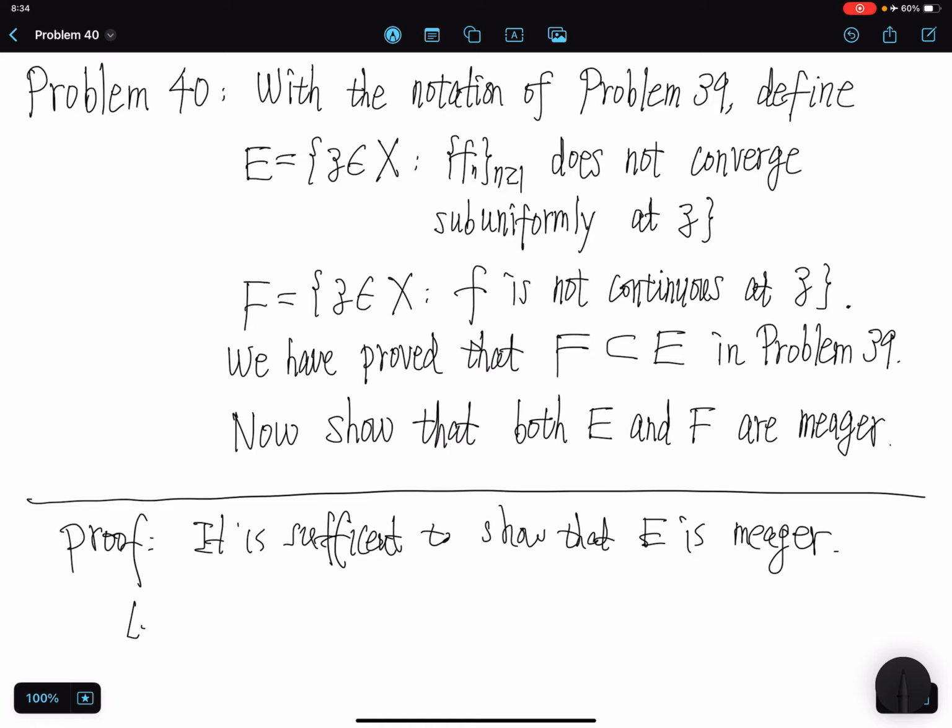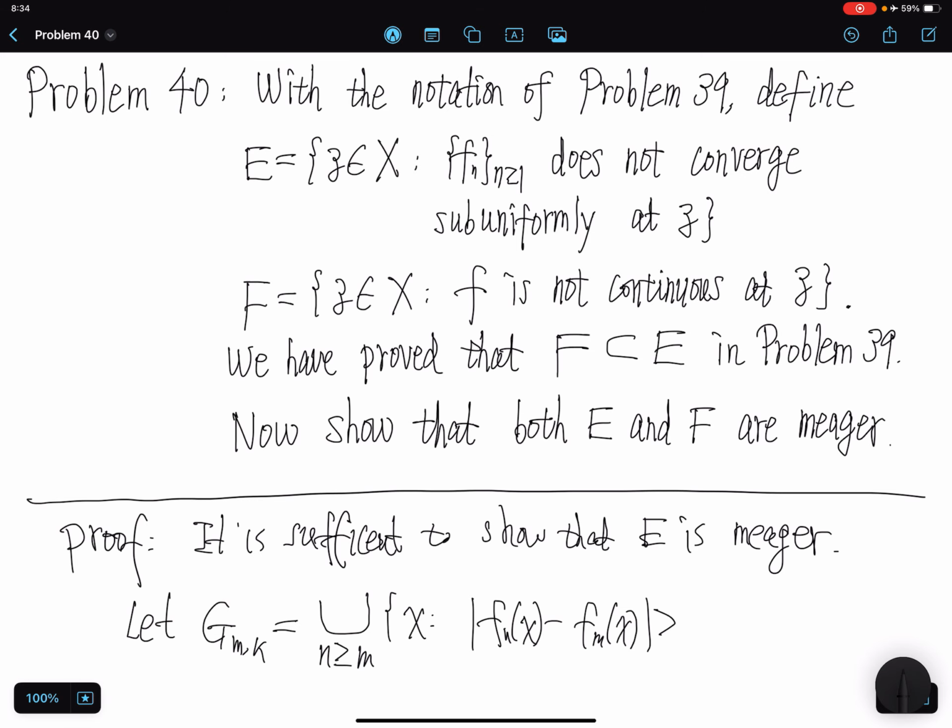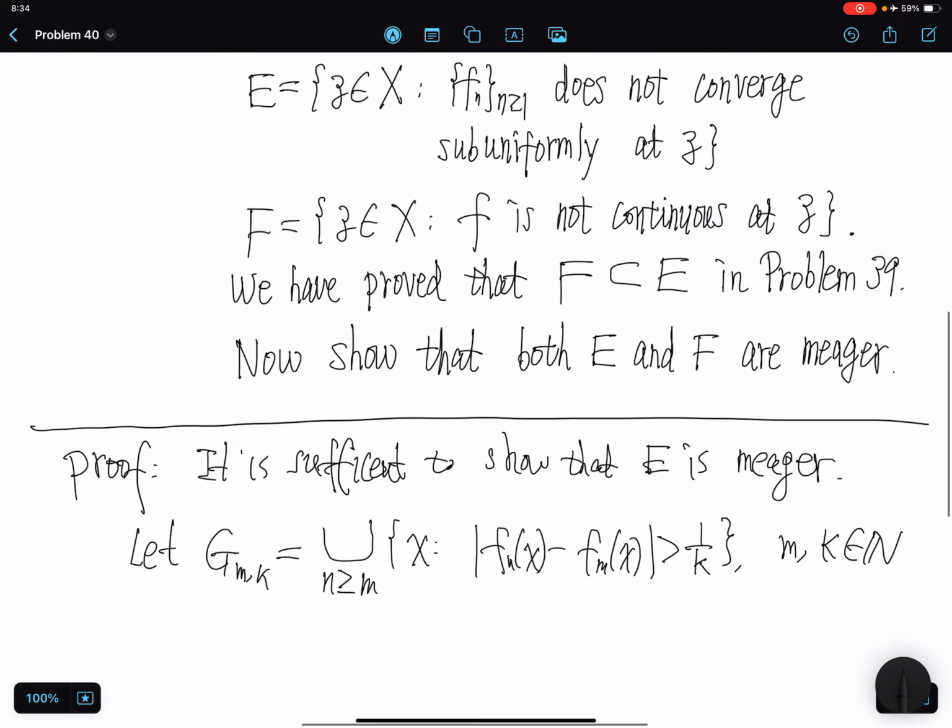Now we define this set G sub M K to be the union over n greater or equal than M of the set of x for which the absolute value of f sub n of x minus f sub M of x is greater than 1 over K, for every M and K integers.